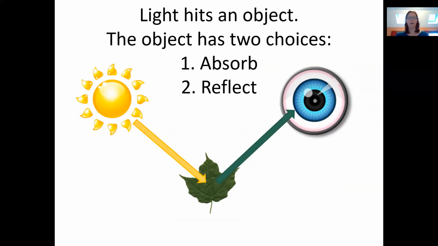What's bouncing off of that leaf is what your eye is able to actually see, and everything else is absorbed into the leaf. So why are red and blue wavelengths absorbed into this leaf?